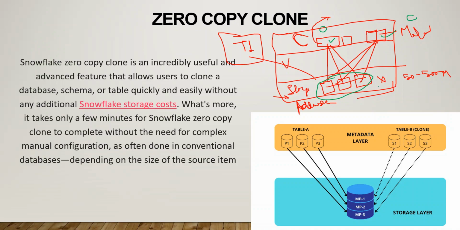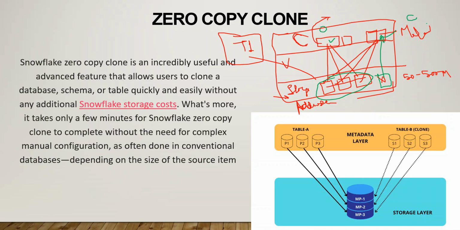Now, if I have added 10 records, then it is going to have additional micro partitions, and these are just going to be referred to by this metadata, because these are separate micro partitions for the cloned one. So if you think that the clone will never ever be getting charged, the answer is no.